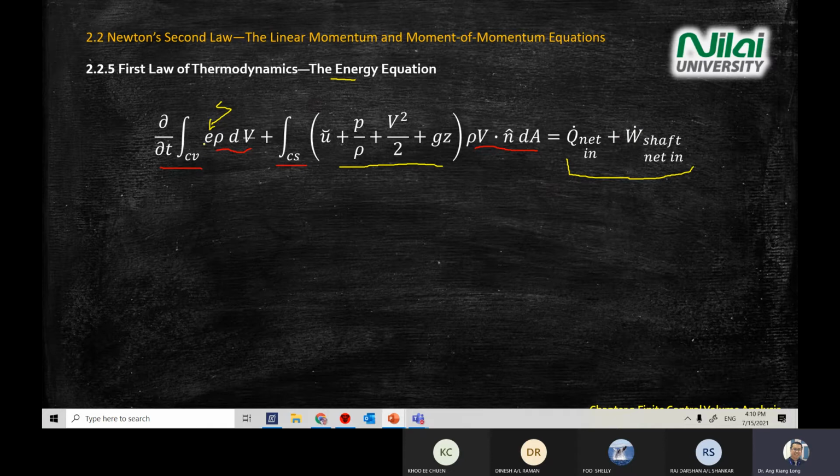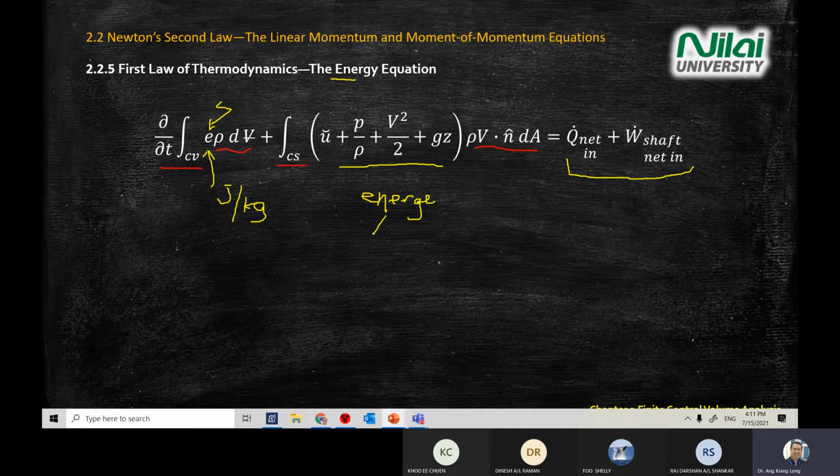So what is E? E is energy per unit mass. If you want to write the unit, we call it joule per kilogram. It means you take the energy and divide it by the mass. This is the energy form that you learned in your physics class.